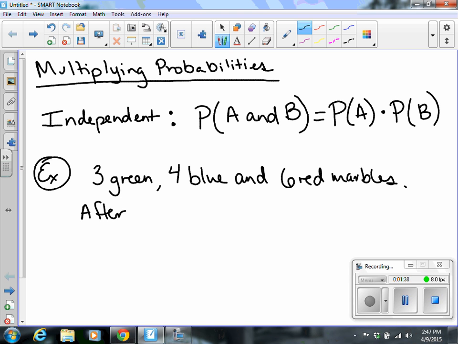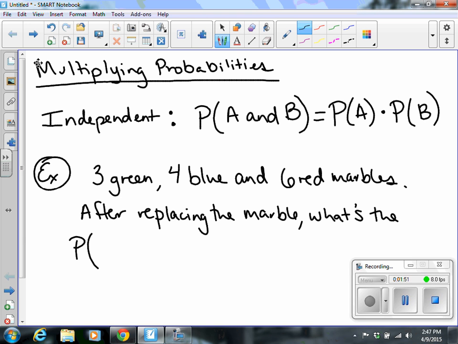So I have to replace it. After replacing the marble, what's the probability of drawing a green one and a blue one?